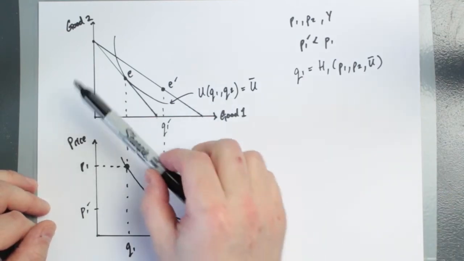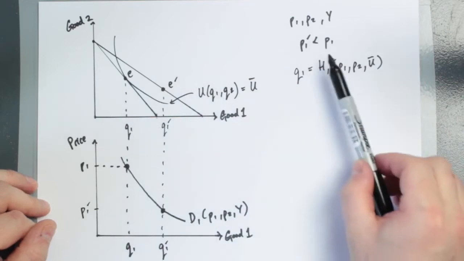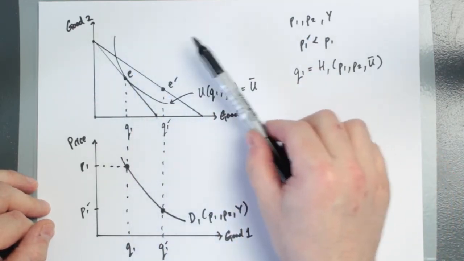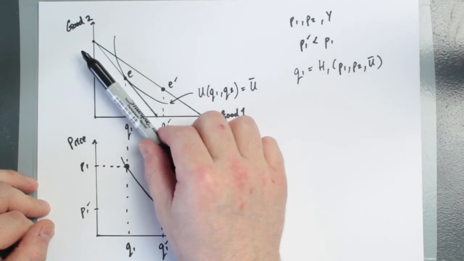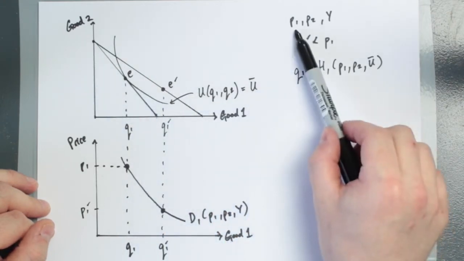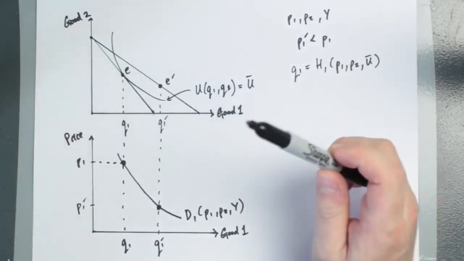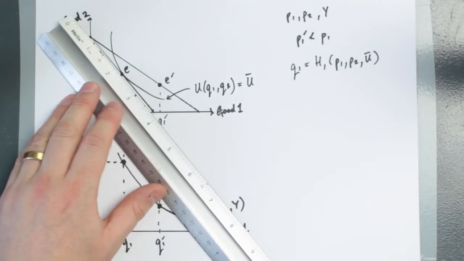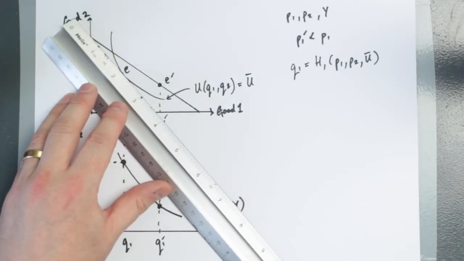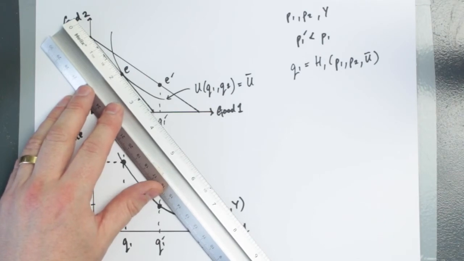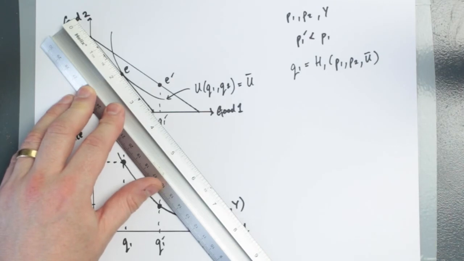Then hopefully we can see that, well, at the initial price level, with the Hicksian demand, I would be minimizing the expenditure required to get this level of utility when the price is P1 and P2. So I would effectively be, if I just hold this ruler up, looking at straight lines with the same slope and reducing my expenditure until I just have enough to achieve this level of utility.